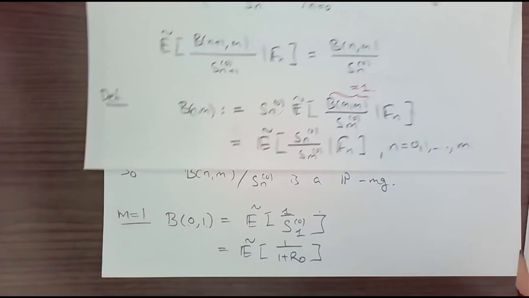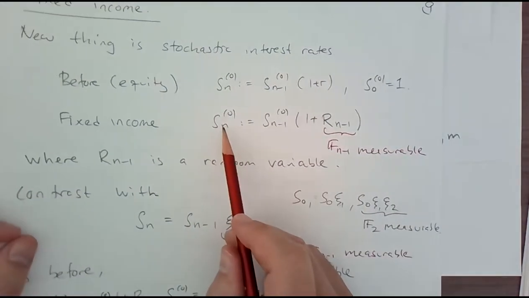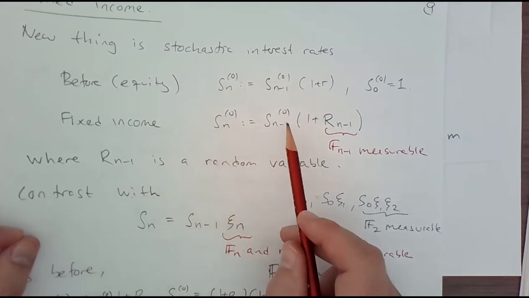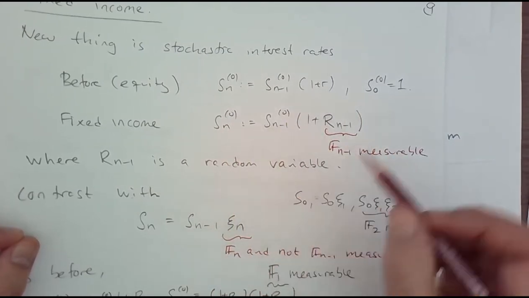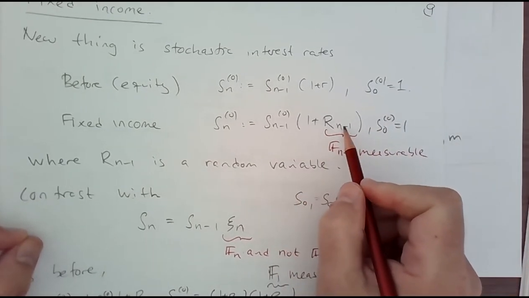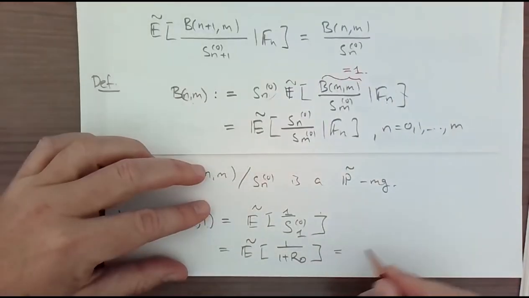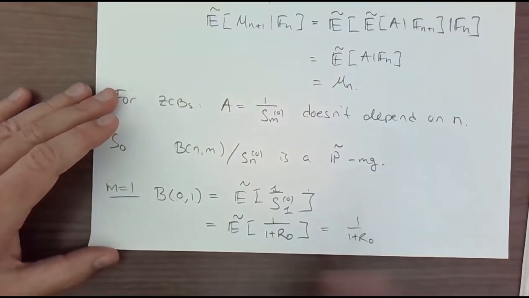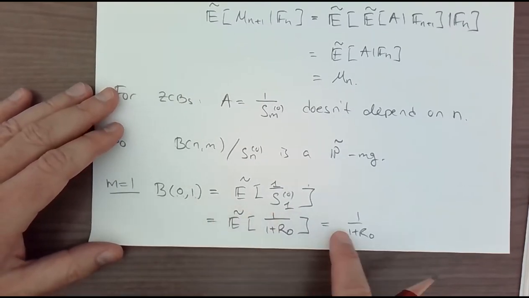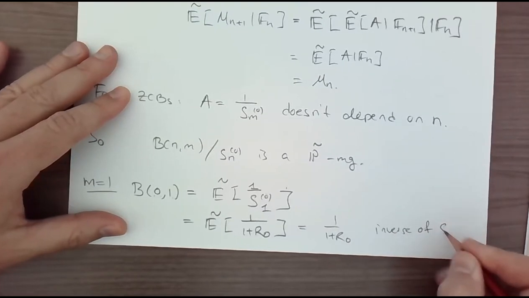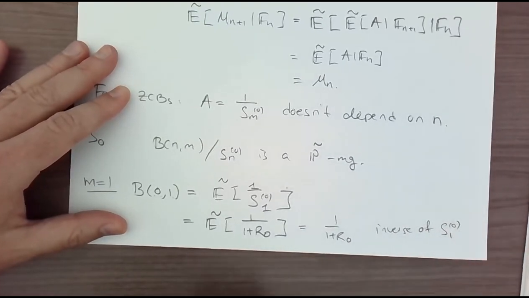But remember the definition of the bank account: the 1 that comes in from here, and then 1 plus R0. And this is not random, so here we'll have 1 over 1 plus R0. So the initial zero coupon bond is just the inverse of S_10.